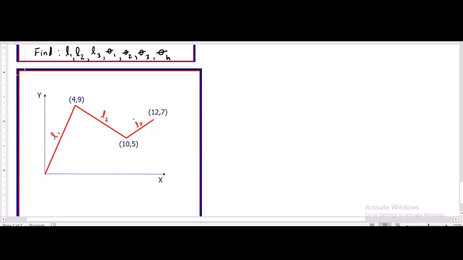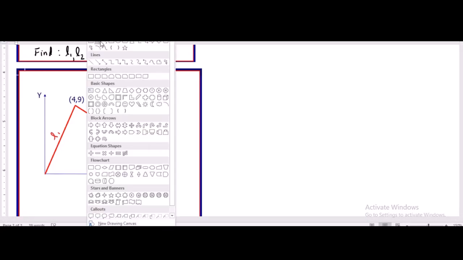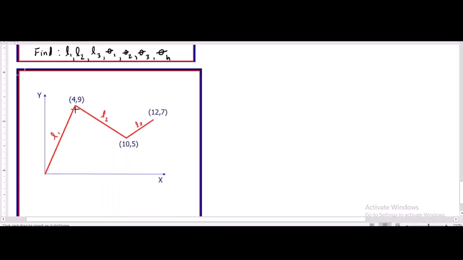Start with the L1. You need to form a triangle. So that's the triangle here. You change the color. And that triangle is a right triangle.